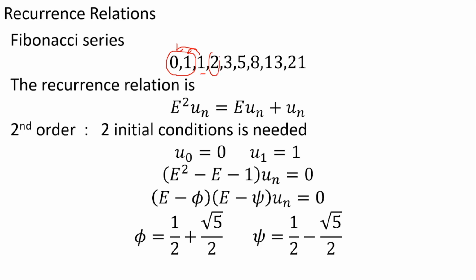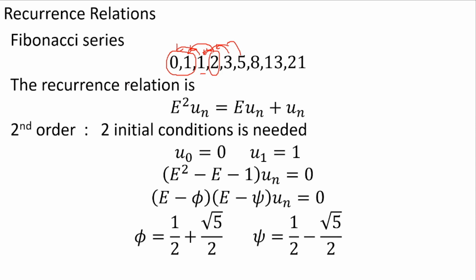To get the next number, we add the previous two numbers: 1 plus 1 equals 2. Then 2 plus 1 is 3, 3 plus 2 is 5, 5 plus 3 is 8, 8 plus 5 equals 13, and so on.